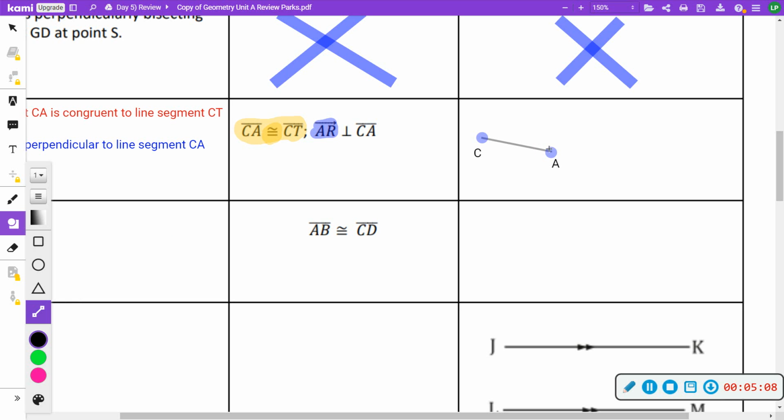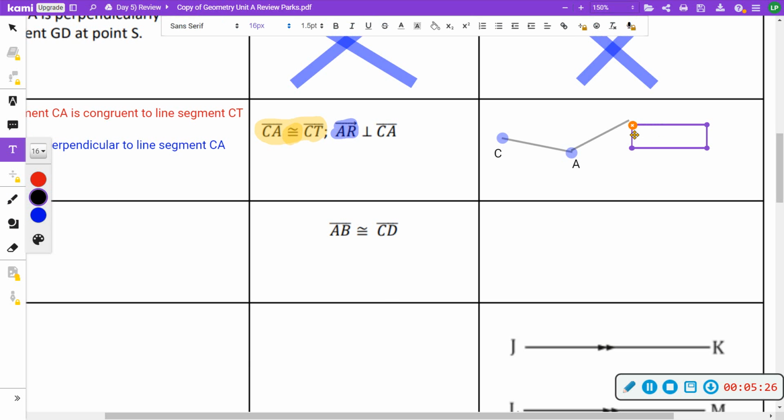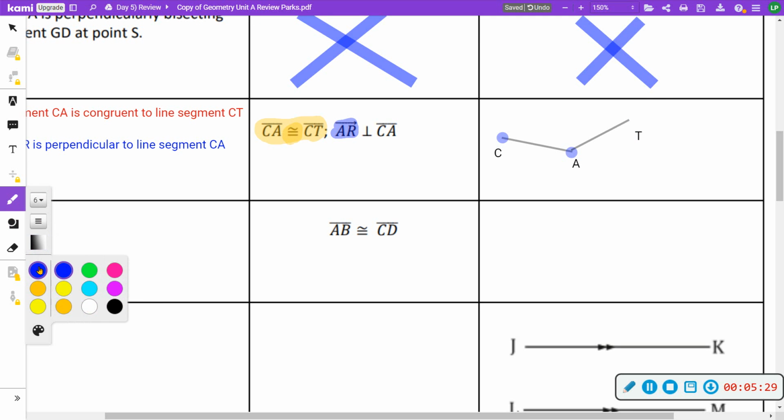So if it's from here to here, let's let the other one be from there to there. Those should be the same length. Okay, so CA is congruent to CT. So now we're going to call this T, and we're going to put the point on there. And to show that they're congruent, I'm going to use this little tick mark that shows that they're congruent.